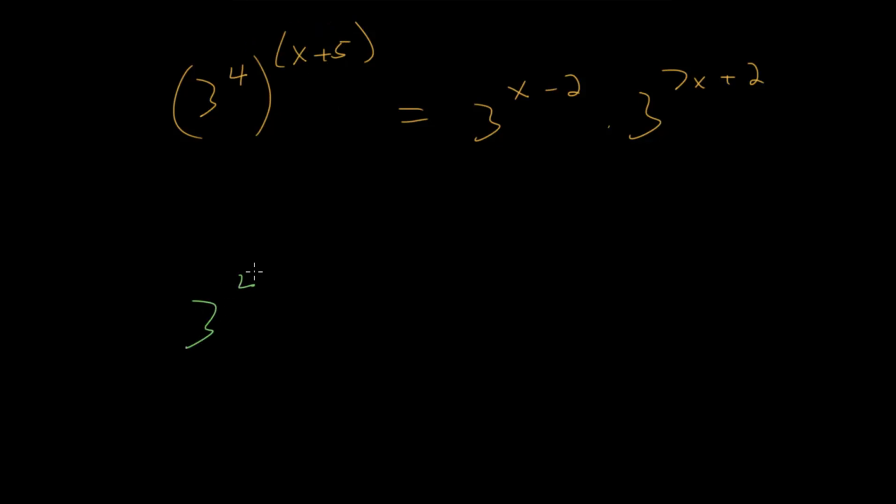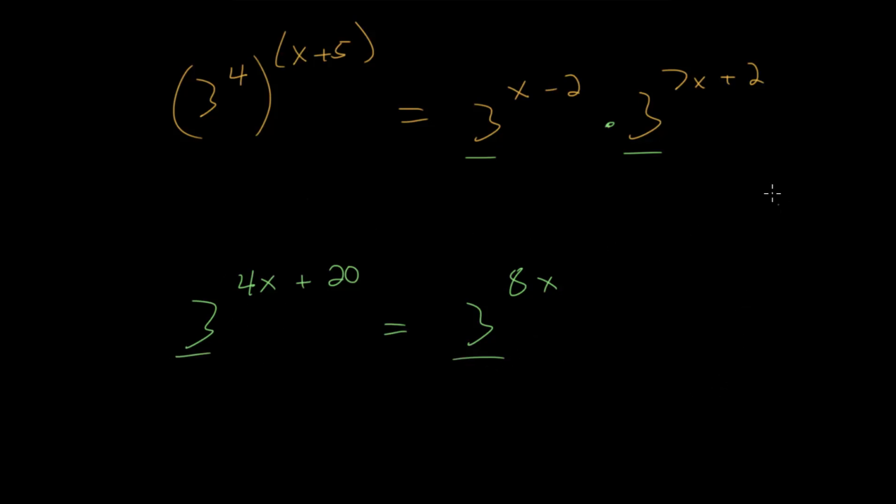We get 3 to the 4x plus 20, and when we have two exponential expressions with the same base and we're multiplying, we add the exponents. So we get 3 to the 8x, we have x plus 7x, and we have minus 2 plus 2, which is 0. So we've simplified this, and we have the same base on each side.